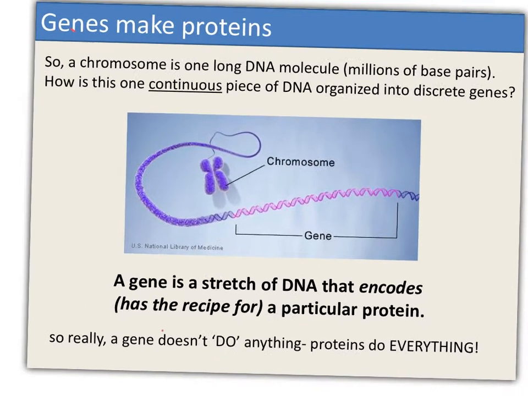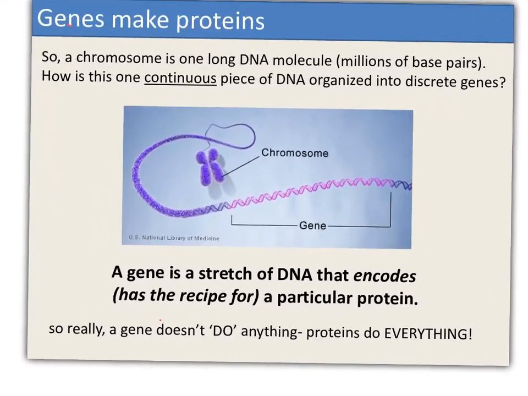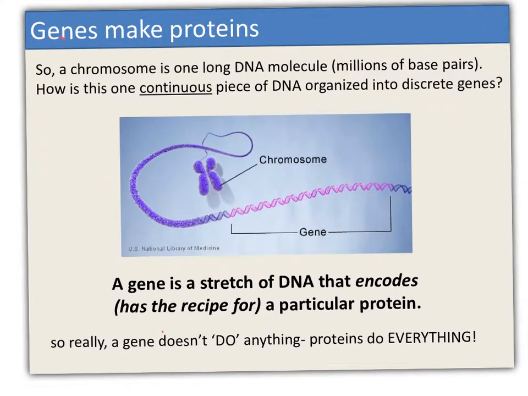And then genes make proteins. That is, a gene is a stretch of DNA that is translated into a protein. Now, a gene really doesn't do anything per se. All it does is it is used as a template for making the protein that you want.